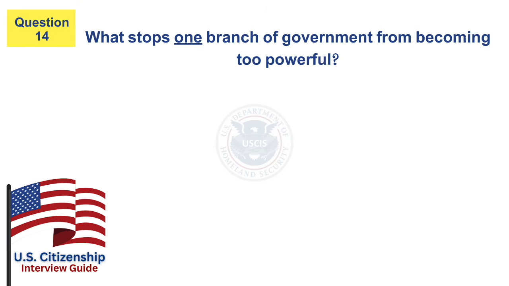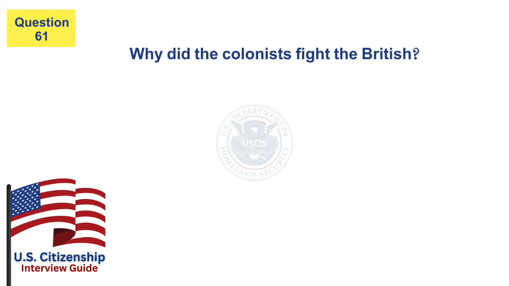What stops one branch of government from becoming too powerful? Checks and balances. Why did the colonists fight the British?